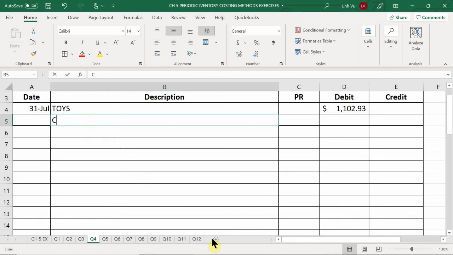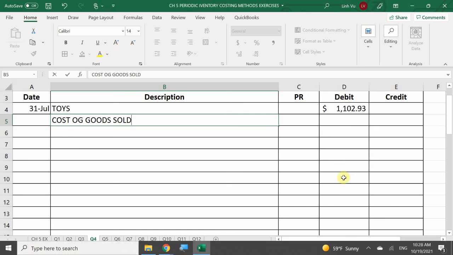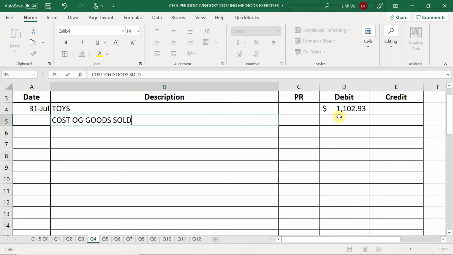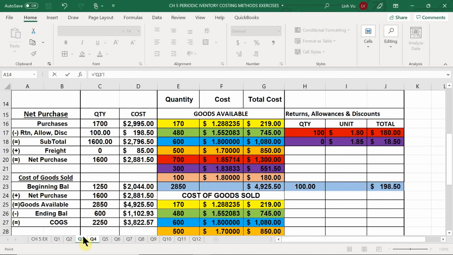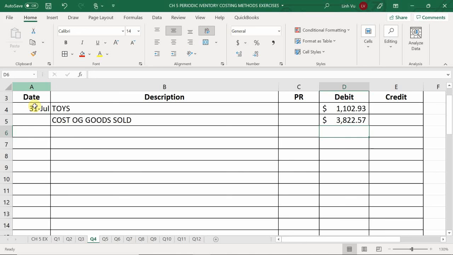Okay. What am I going to recognize next? Cost of goods sold. Cost of goods sold, right? It's an expense account. So in this case, what was my total value of my cost of goods sold? 3,822.57. Good. What am I going to recognize next?